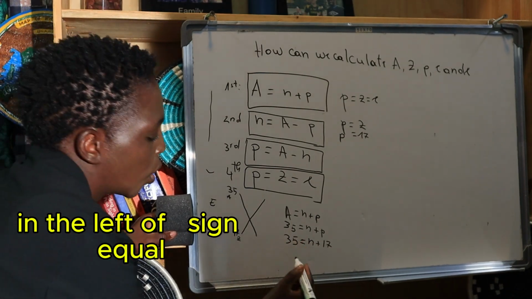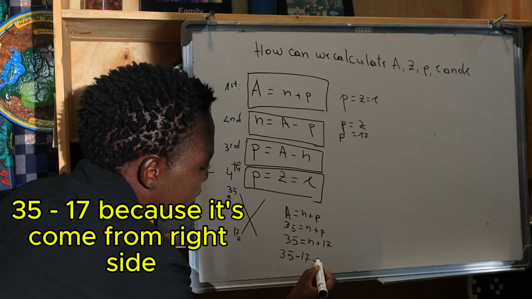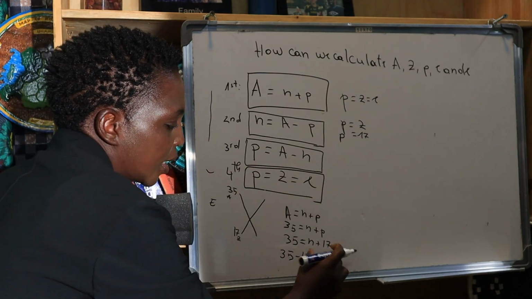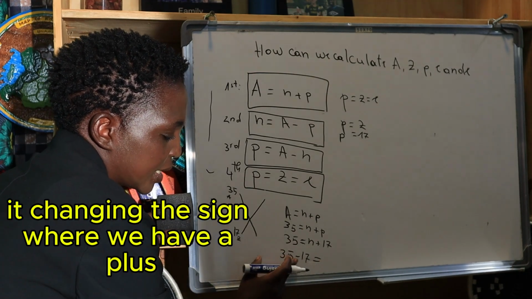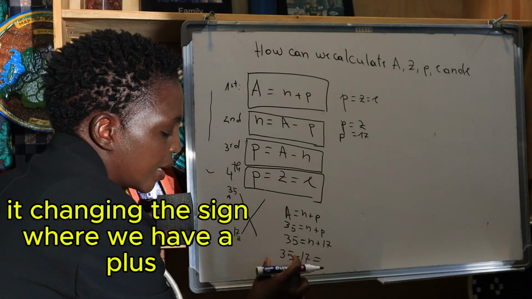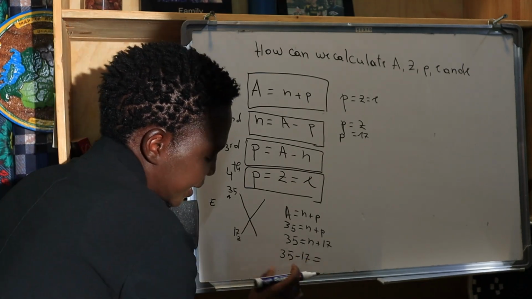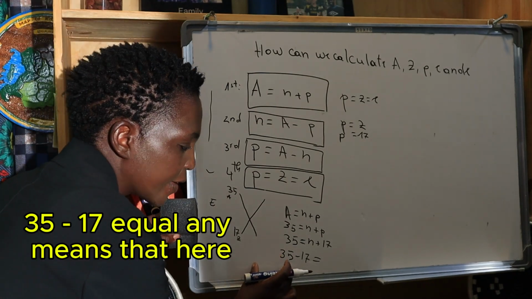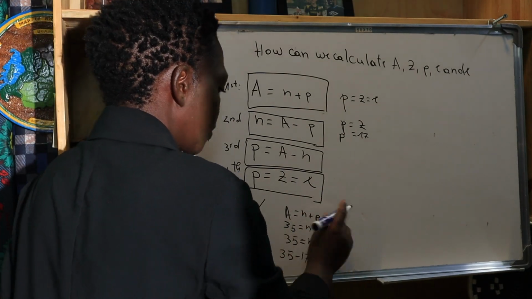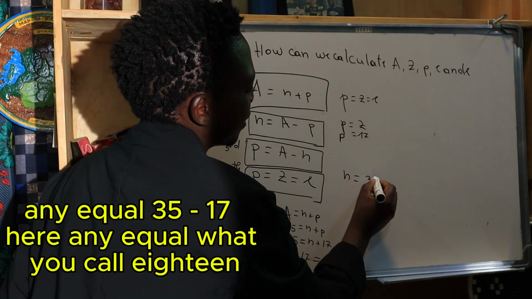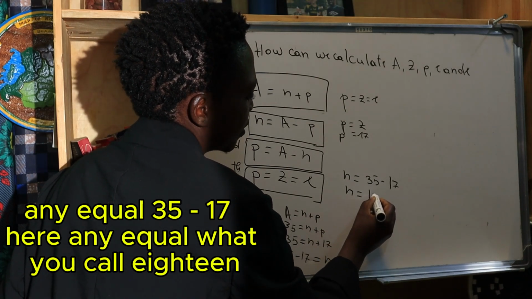Where we had a plus, it becomes a minus. So 35 minus 17 equals N. Here N equals 18.